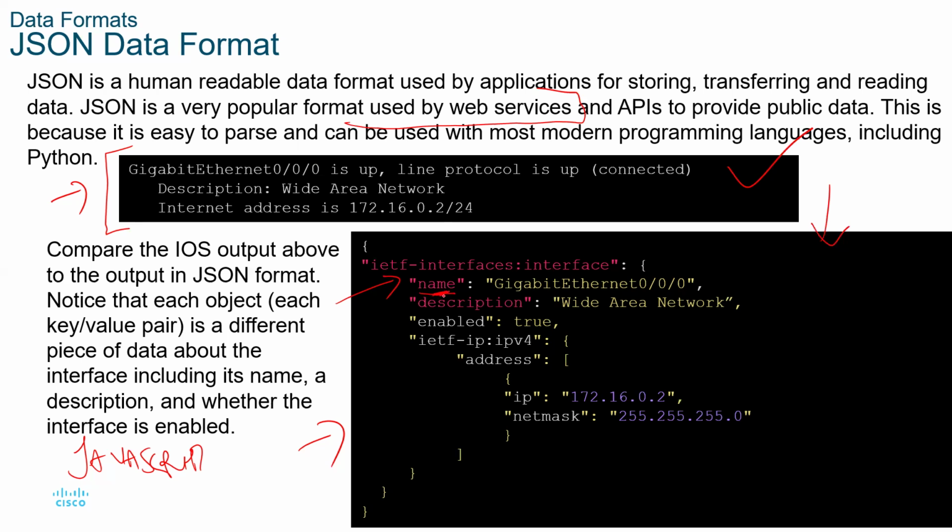If I have this name, I'll never have another name in this same object. Right? And the name is Ethernet. The description, wide area network, is just information here. All right, enabled true. The interface is up. And that is another type of value that we have, Boolean.